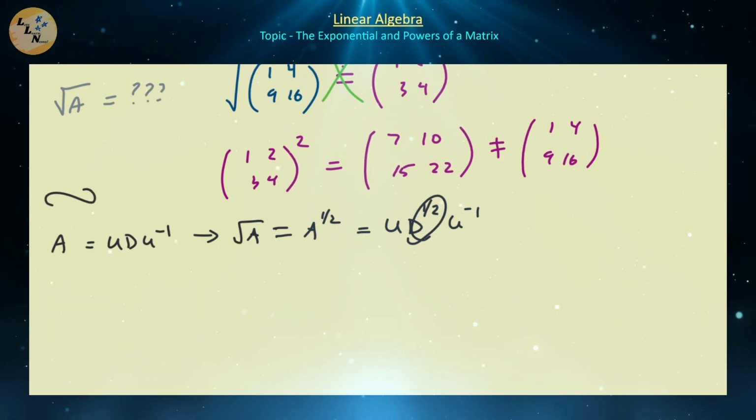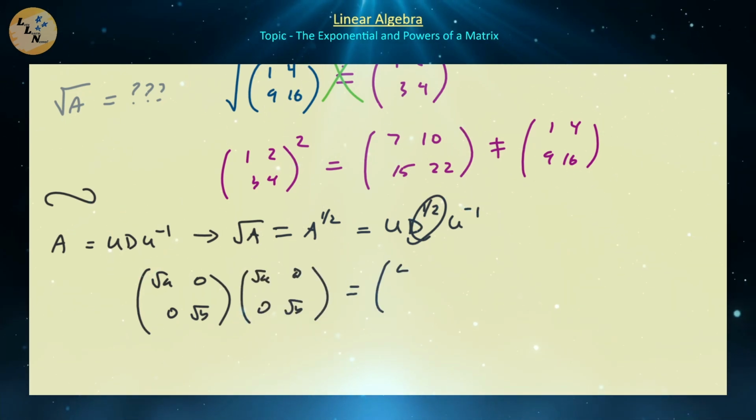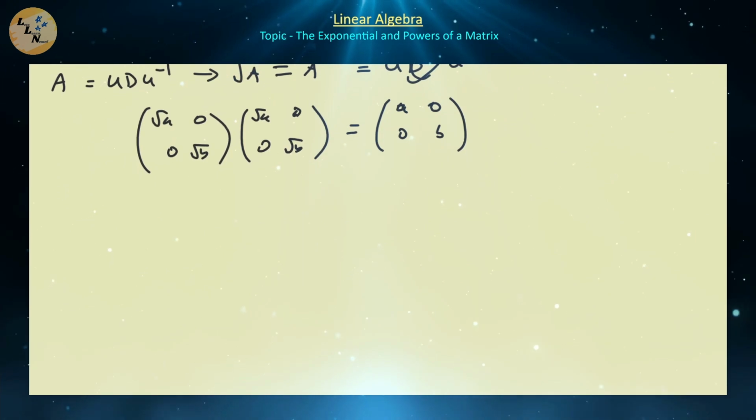Well, by properties of closure of multiplication of diagonal matrices, we know that the diagonal matrix with square root of a, 0, 0, square root of b, times itself is actually equal to the diagonal matrix a, 0, 0, b. So defining this as the square root of the diagonal entries is actually okay, because we're working with diagonal matrices, and under multiplication, that is a very beautiful thing that we have.